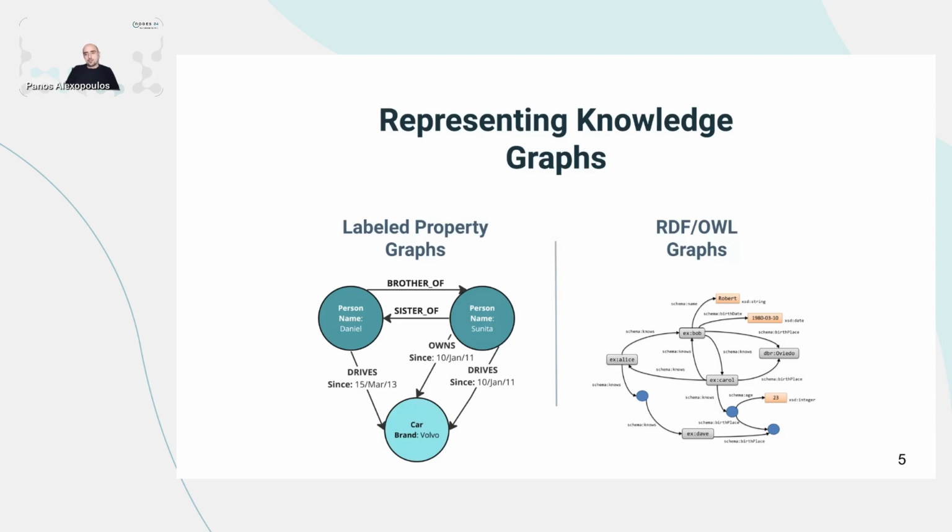On the other hand, we have also RDF and OWL. RDF stands for Resource Description Framework, OWL stands for Web Ontology Language, and both these languages have been developed in the late 90s to early 2000s in the context of the semantic web vision, which is a vision for creating machine processable and interlinked data across the web.